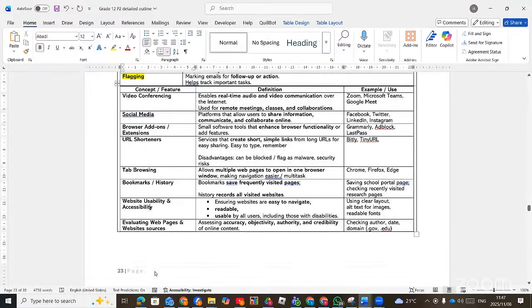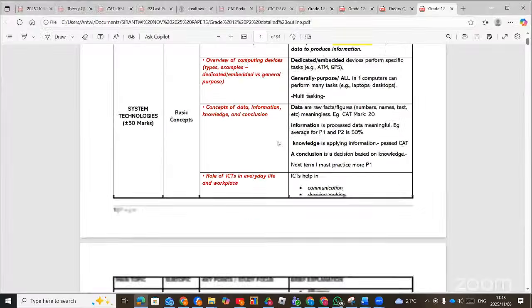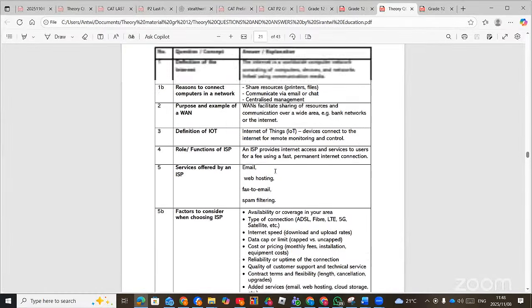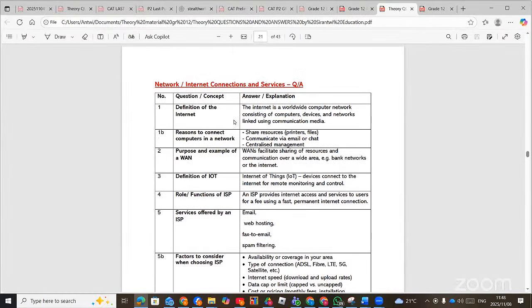And then when we check some of the questions there, like I listed also here, don't forget, after studying, to go through them. Definition of internet: worldwide connection of networks. Reason why we use network or internet: sharing of resources.